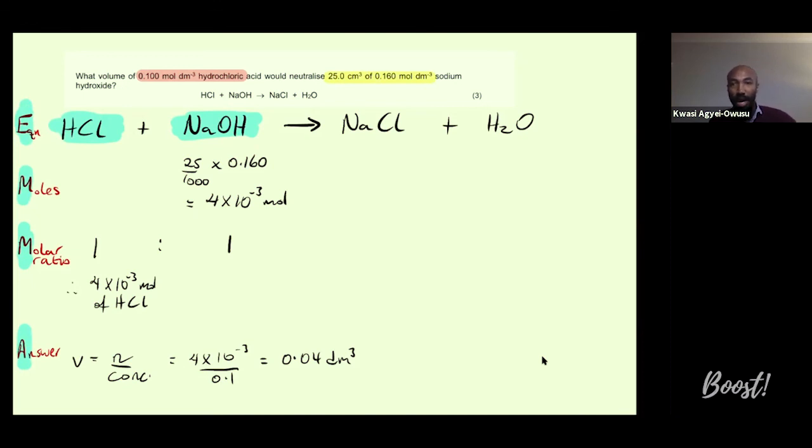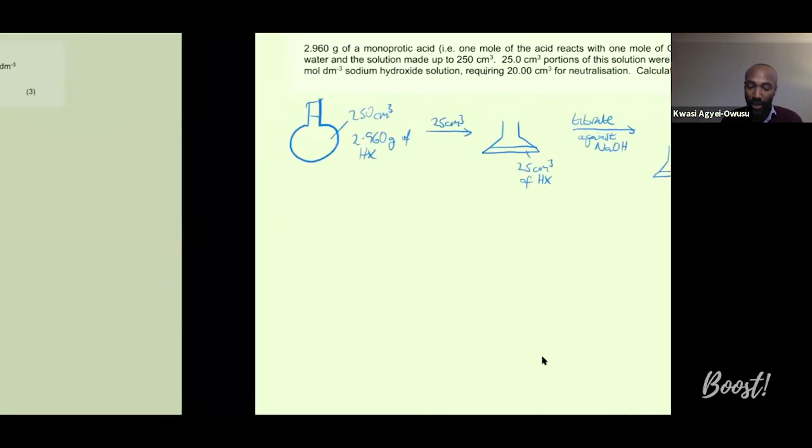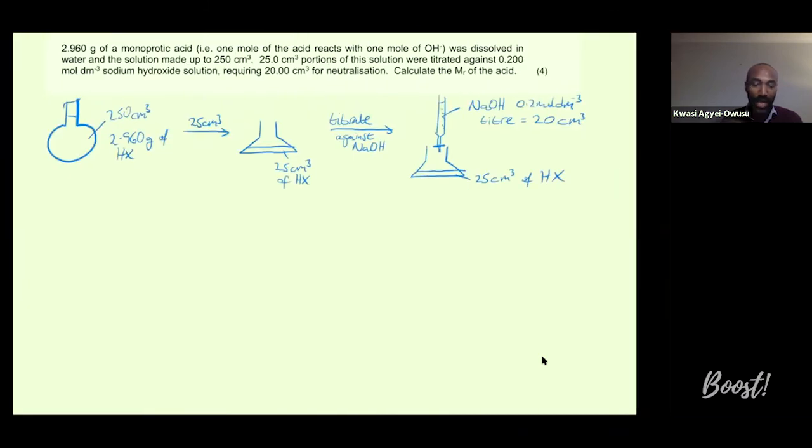We've got about 7 or so minutes to consider the very last question, which is by far the trickiest. If we look at this question, which I've got on the screen, a much harder, much wordier, unstructured question, you've got 2.960 grams of a monoprotic acid. So this is an acid, a bit like HCl, it only donates 1 proton per mole of the acid.